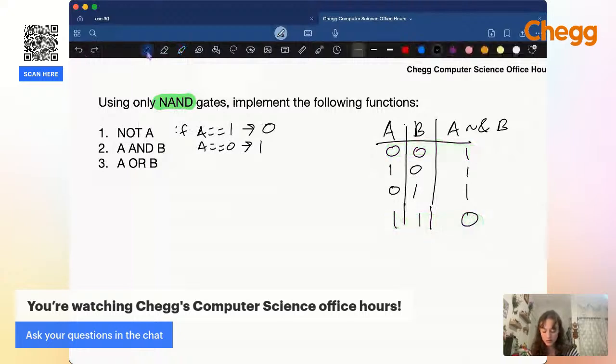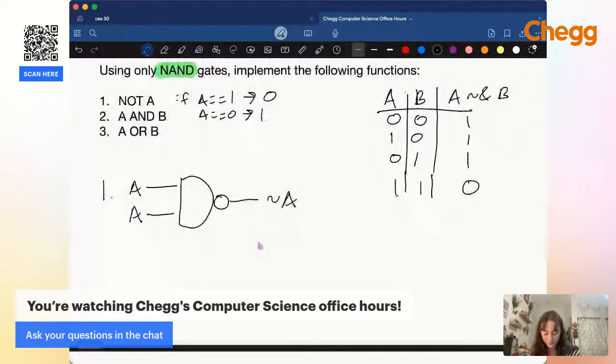So we can just NAND A with itself to make a NOT. So those do the same thing, and this is how you draw a NAND gate, and that returns NOT A.